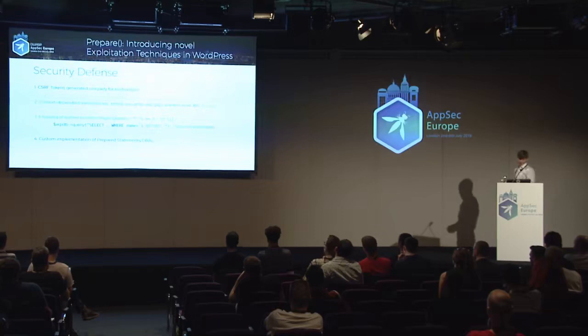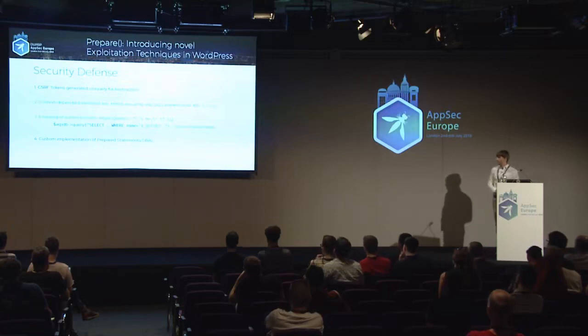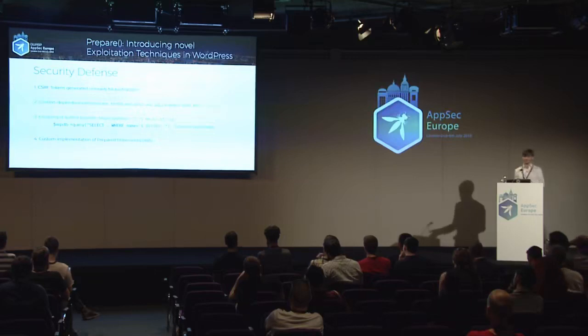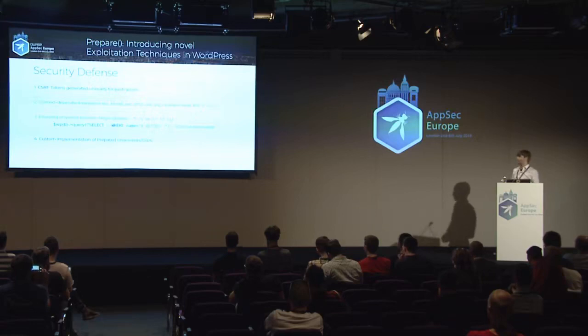We have context-dependent sanitizers, which prevent most cross-site scripting vulnerabilities, but of course you have to use them in the right context. So if you're using the wrong function in the wrong context, then you still have a vulnerability. But most of the time, from what I've seen, most plugins which care a little bit about security implement them correctly.